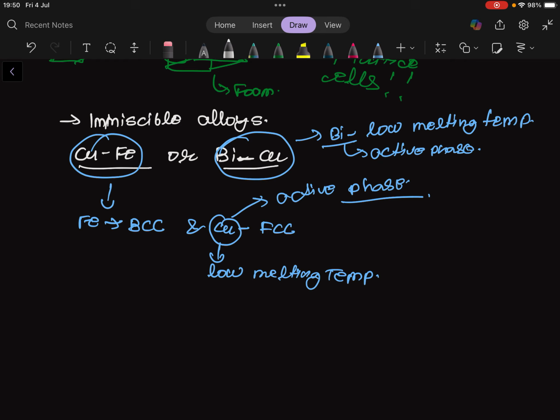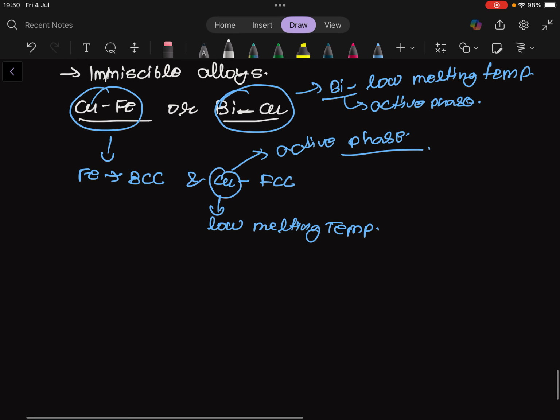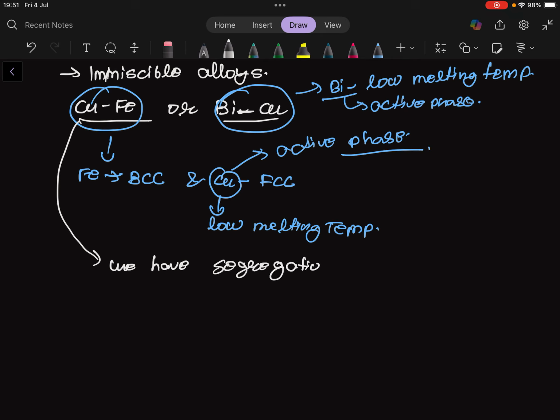Since iron starts to solidify at high temperature, we will have solidification of iron and segregation of copper. So copper forms small spheres.